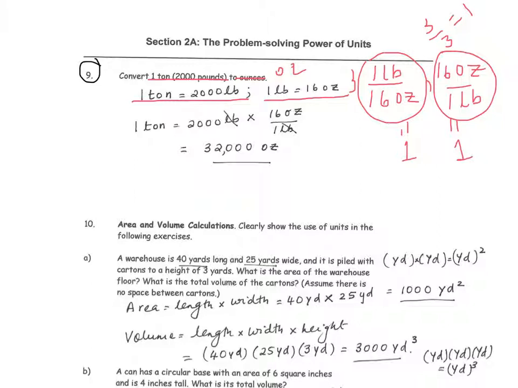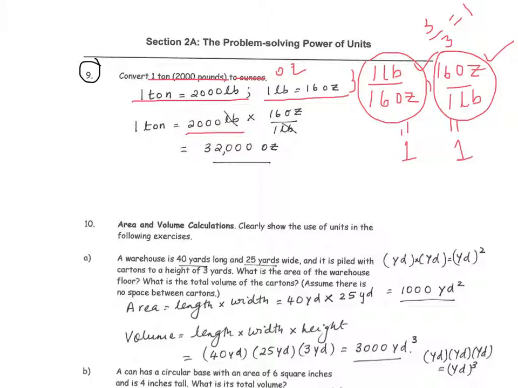So we can take 2000 pounds and multiply it with either one of these two fractions that I've written down. Each being equal to 1 is not going to change the quantity, which is 2000 pounds. But we are going to multiply with something that works for us.